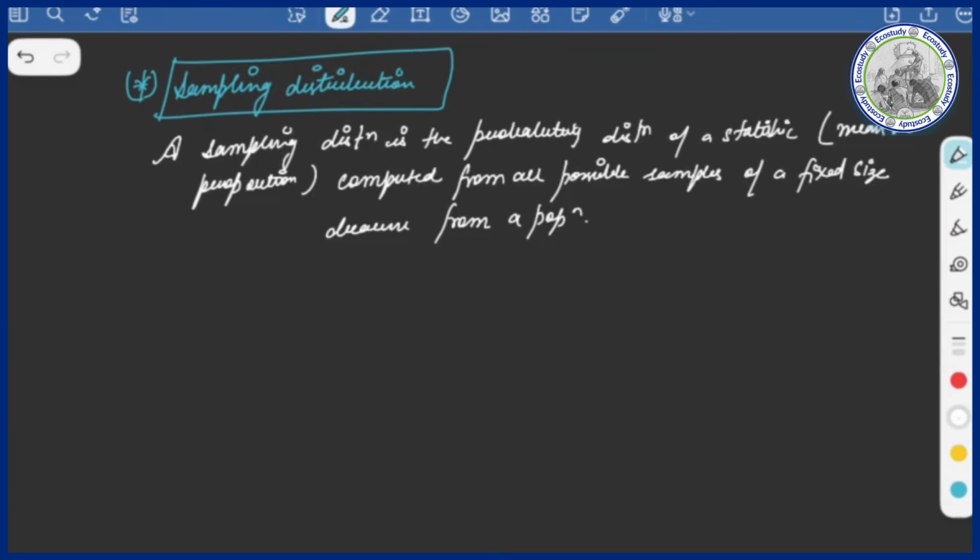So a sampling distribution is a probability distribution of a statistic computed from all possible samples of a fixed size.